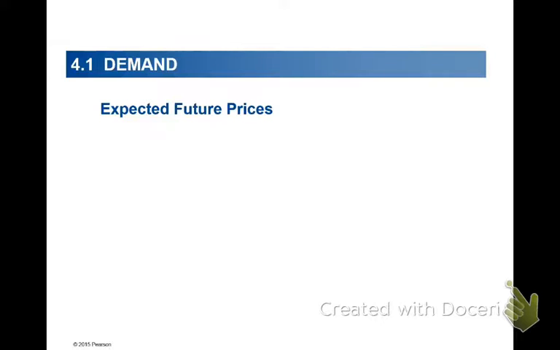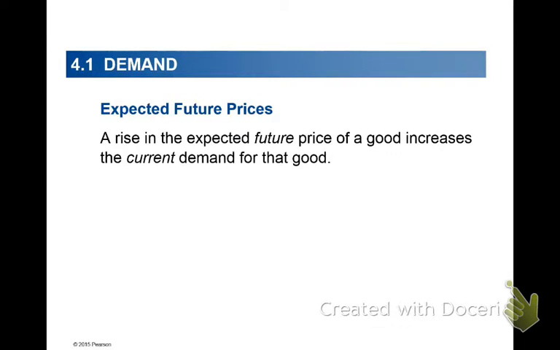I want to make sure that in the future I will have sufficient rice, so I'm going to buy an extra amount of rice today, so that when tomorrow comes, I have my rice. So expected future price therefore affects the demand as well.